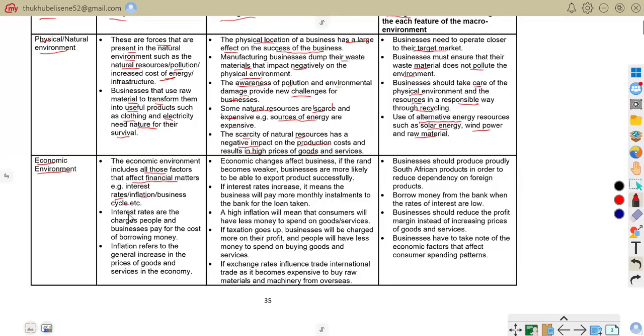Interest rates are the charges people and business pay for the cost of borrowing money. So here we're talking about interest rates: the cost of borrowing money. Business pay more or less for loans depending on the interest. For example, a loan repayment increases when the interest goes up.